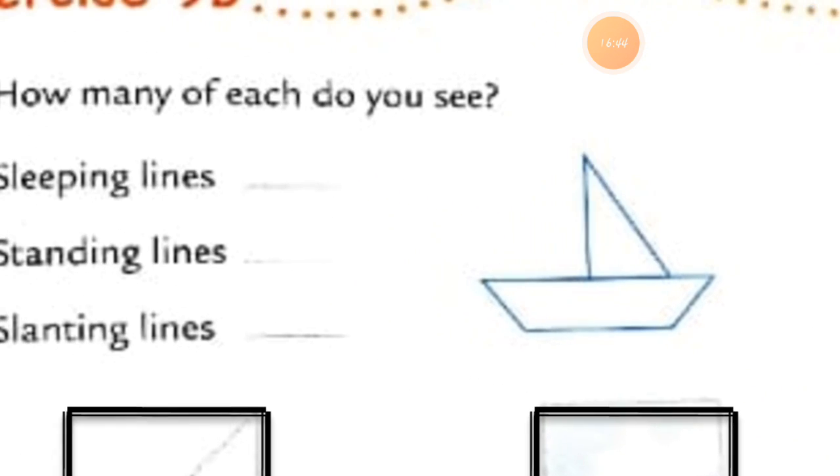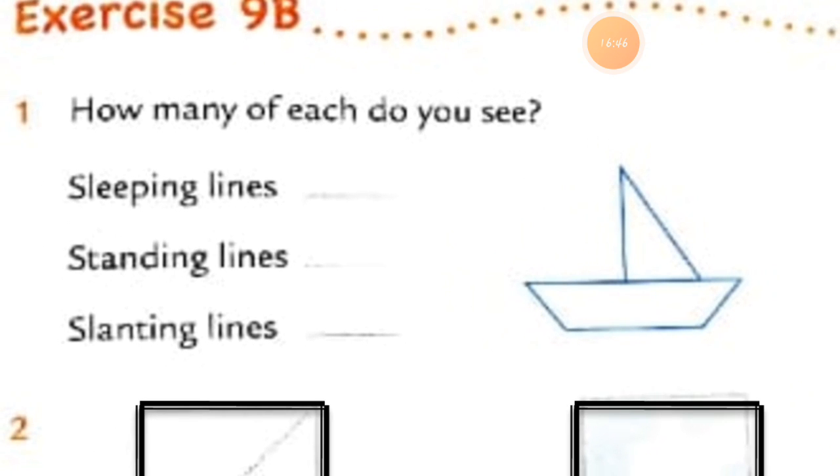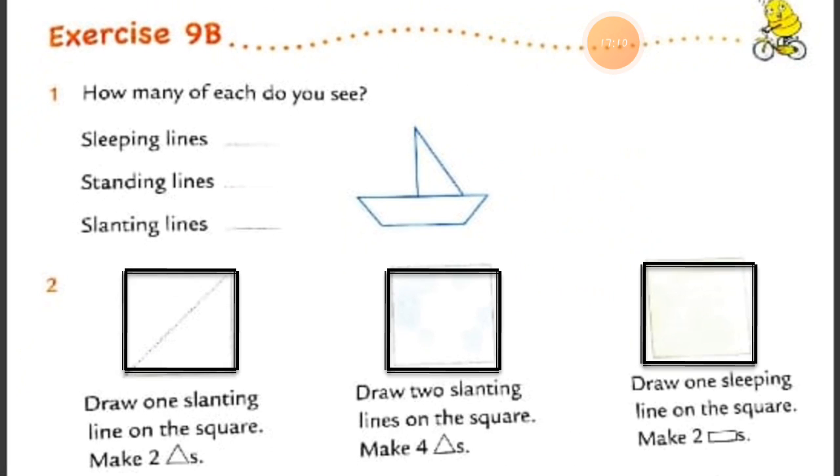I am just zooming it for you so you can easily find out how many sleeping lines, how many standing lines, and how many slanting lines are given in this boat shape. You have to find out from this given picture.